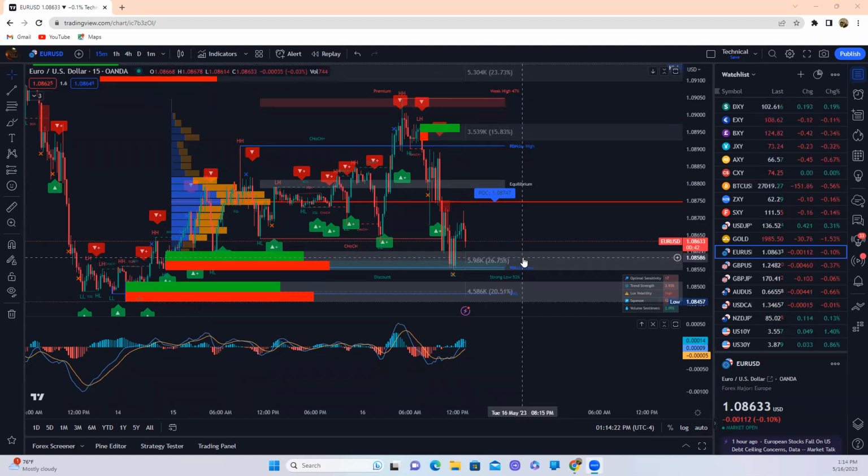So that's what you want to wait for in the 15-minute though. But as you can see right now, price is pushing down. And remember, rule of thumb is that if we get no order block up here from this move right here, then this move that's pushing down is nothing more than a pullback.